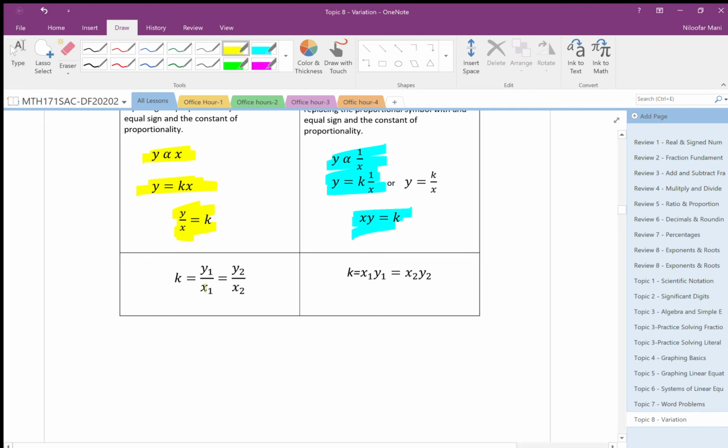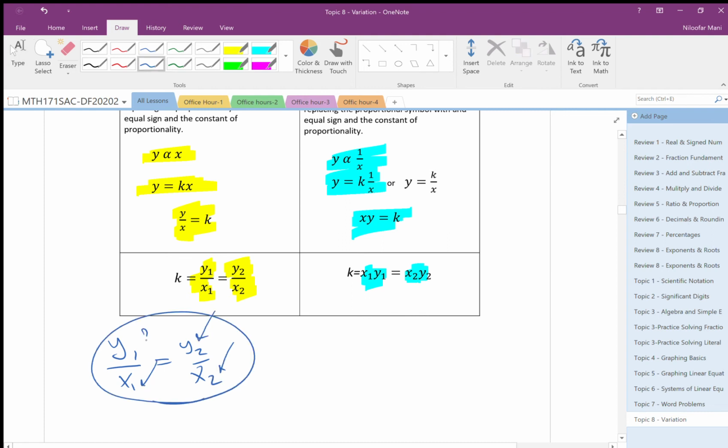Look at here. This is situation number 1, k is constant. This is situation number 2, I can find the formula here. So now I can say y1 for direct, y1 over x1 equal y2 over x2. And here I can say, okay, I have this one, I have this one, I have this one, I want to find this one.